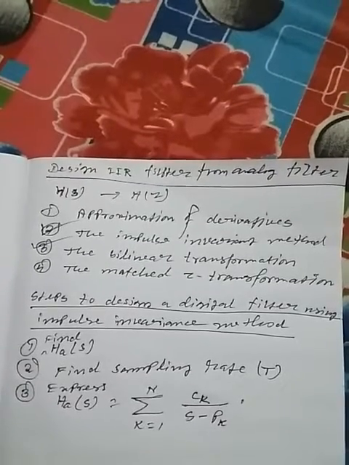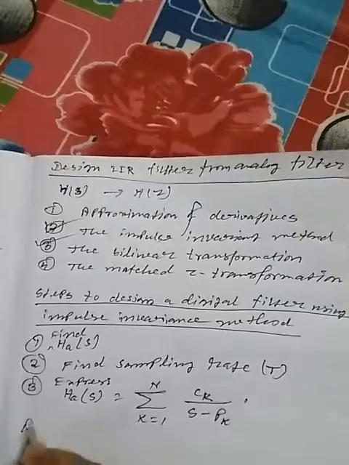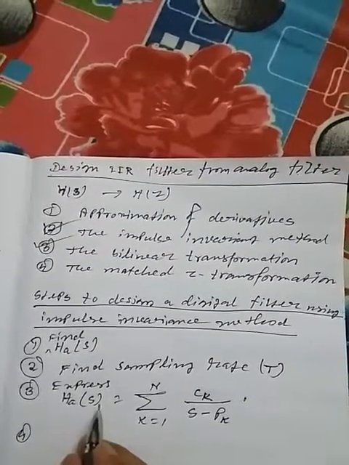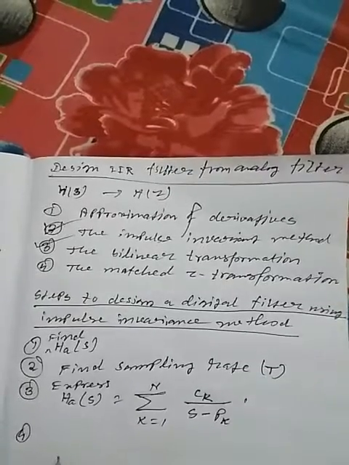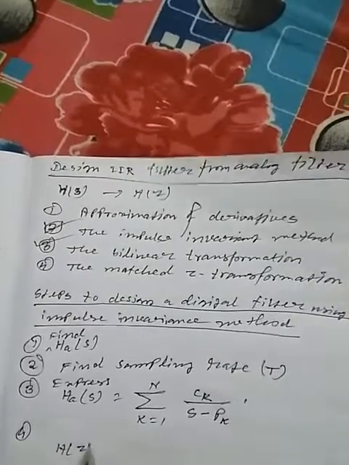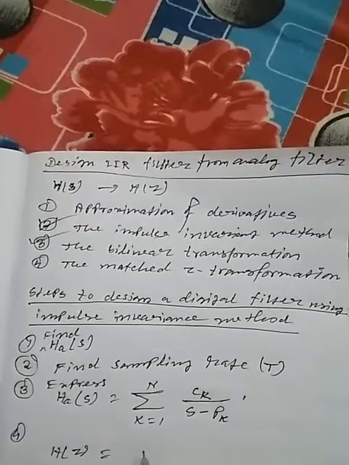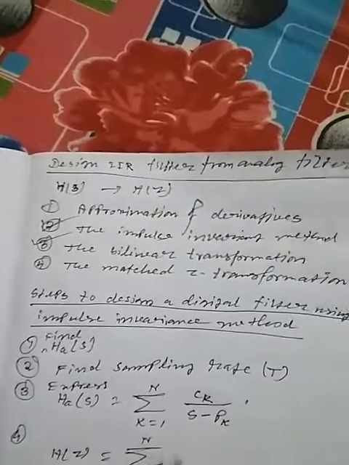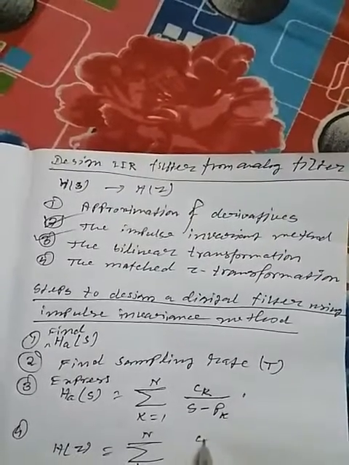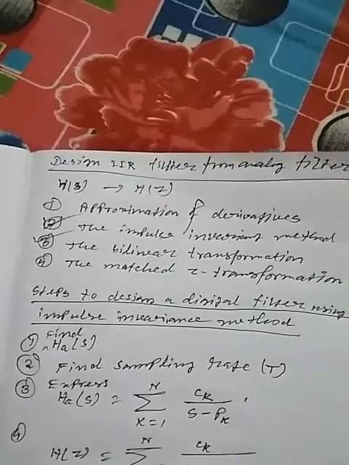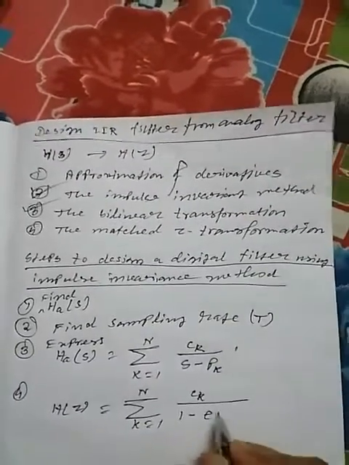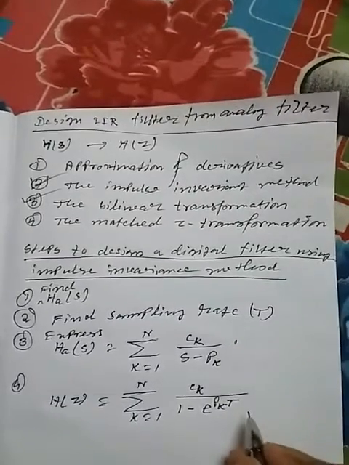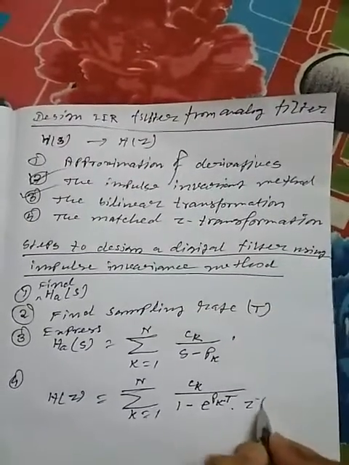Now using the impulse invariant technique, finally you can convert this analog transfer function into digital form, that is H(z). So H(z) will be summation of k equal to 1 to n, Ck by 1 minus e to the power pk T into z inverse.